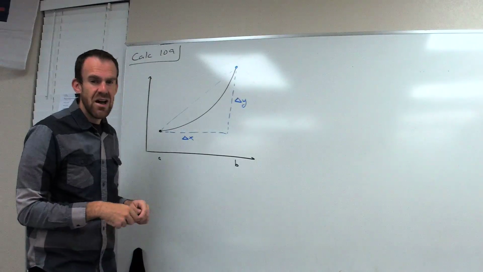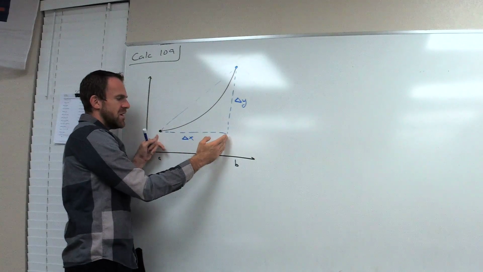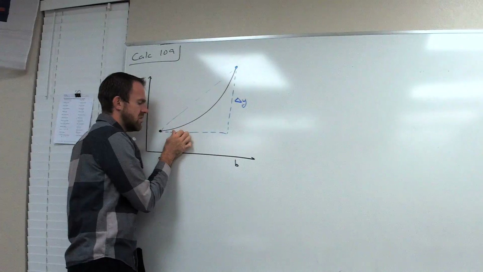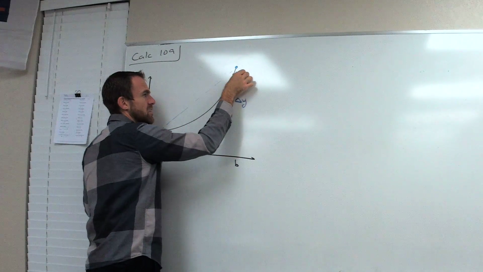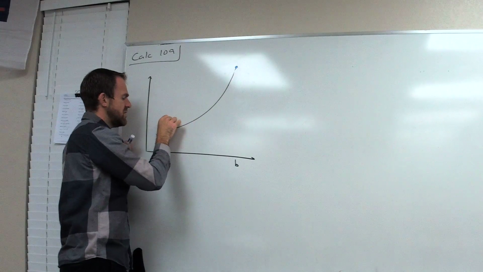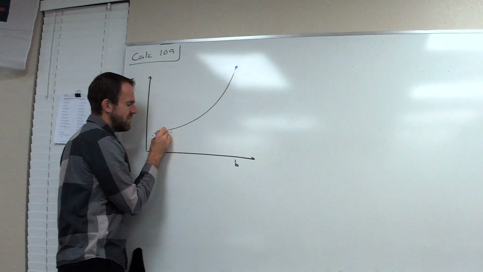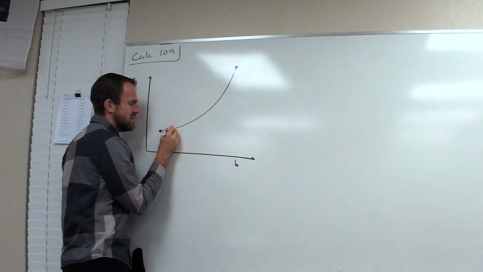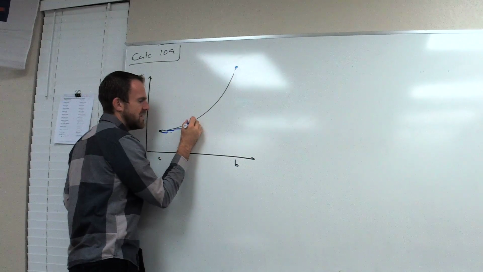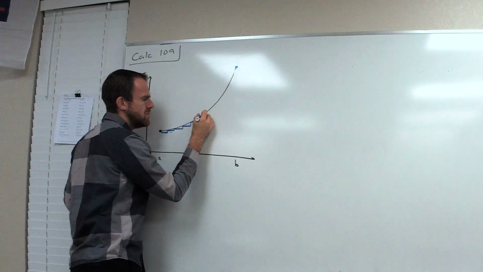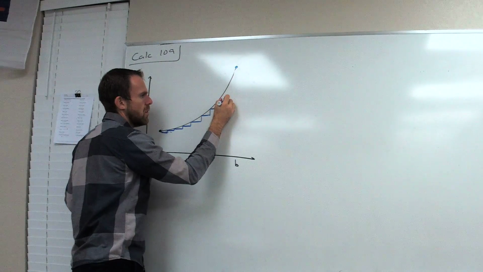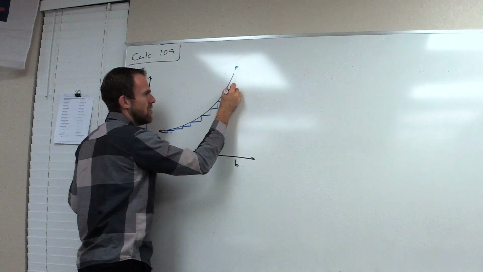So since this is calculus, what I'm going to do is drop delta x to an infinitesimally small distance, and I'm going to drop delta y into some infinitesimally small distance. So we'll have delta x, delta y, delta x, delta y, and so on until we've added up all of these.